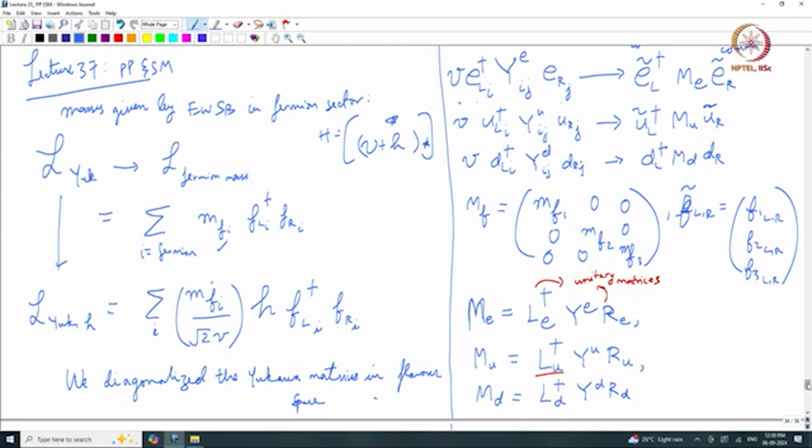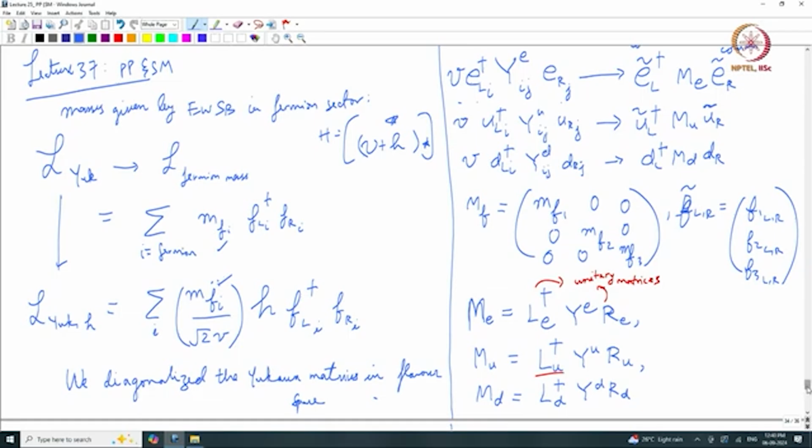And one more consequence was that the Higgs boson itself, the small h, now had its own Yukawa sector with couplings given by these quantities, right. This is proportional to the original Yukawas that we began with.